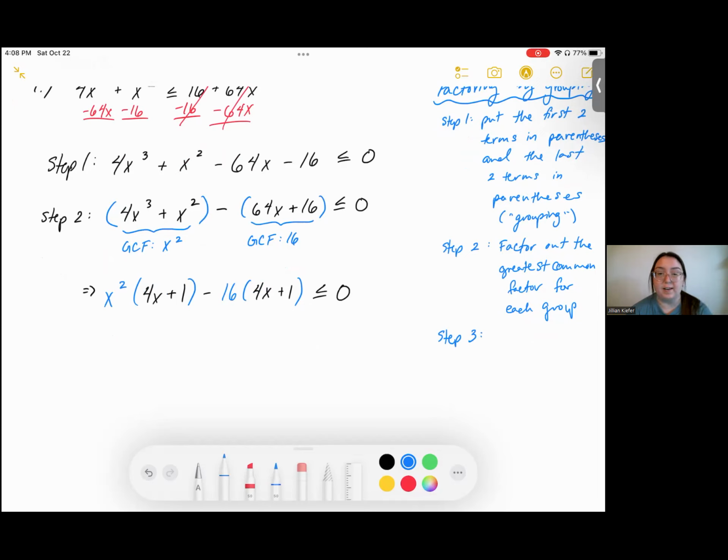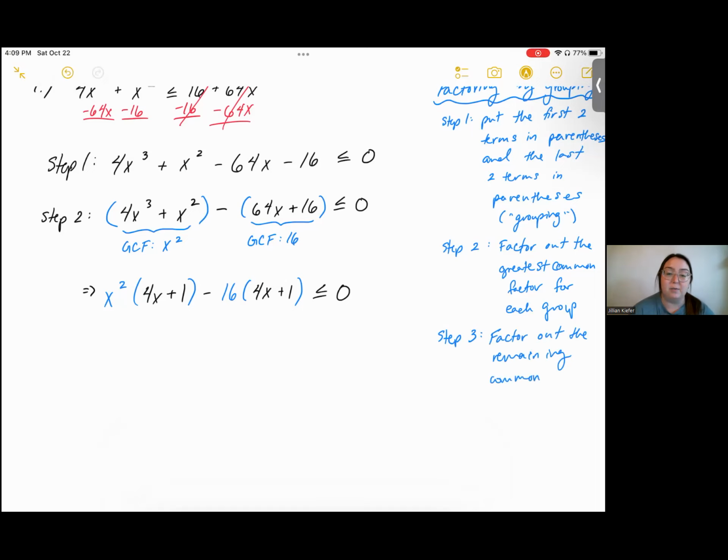So for step 3, assuming that this is correct, you would then factor out the remaining common factor, which is the group that we had written in black.